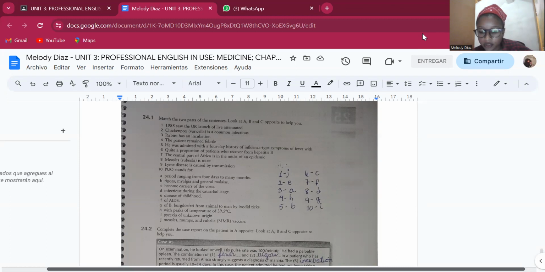Letter C, become carriers of the virus. Letter D, infection during the catarrhal stage. Letter E, disease of childhood. Letter F, of AIDS. Letter G, by border ferry for animal.